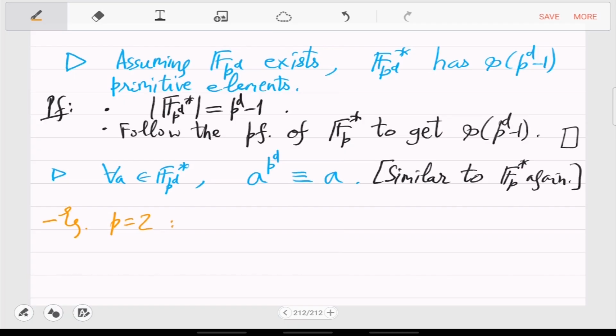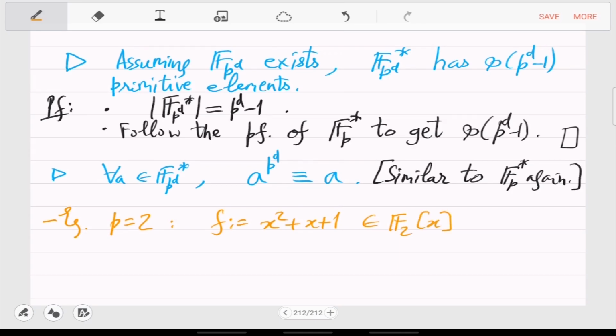Let's take the example of p equal to 2. You know what F2 is. Do you know what F4 is? What is F2 squared? So let's consider the polynomial x square plus x plus 1 in F2[x].